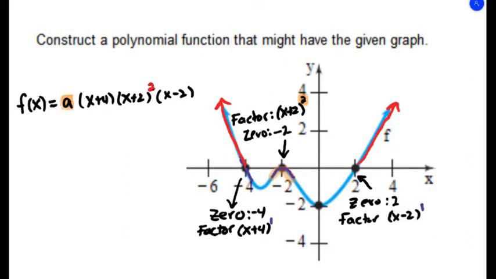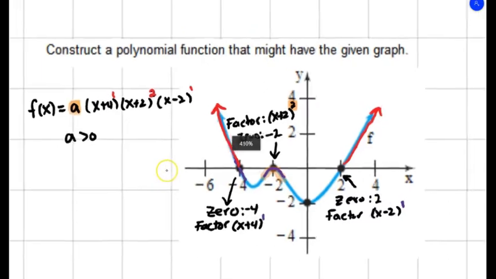So we have 2, 1, and 1, so it's a 4th degree polynomial. The ends are going in the same direction, and these ends are both going up to positive infinity. So that means that our leading coefficient will be positive. If our end behavior was going down to negative infinity, then our leading coefficient would be negative.